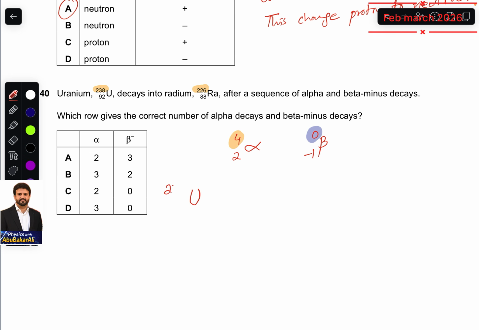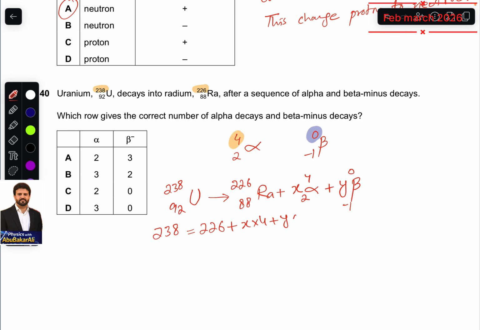We know U-238 (92) is changing into radium 226 (88) plus some alphas, let's call them x, and y betas. This alpha is 4, 2 and this beta is 0, minus 1. You can also make the equation from it. 238 is equal to 226 plus x times 4 plus y times 0.